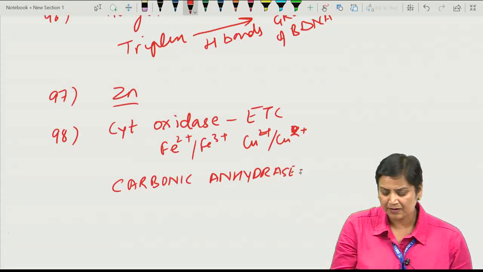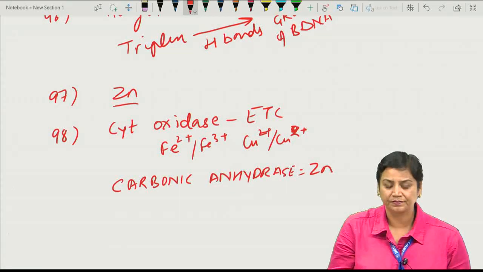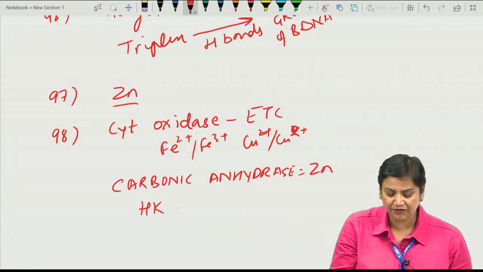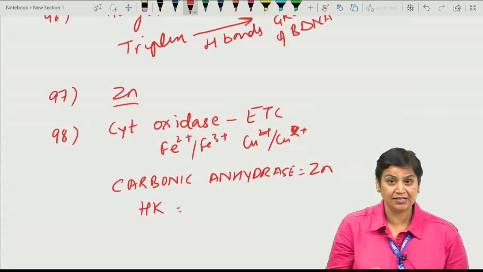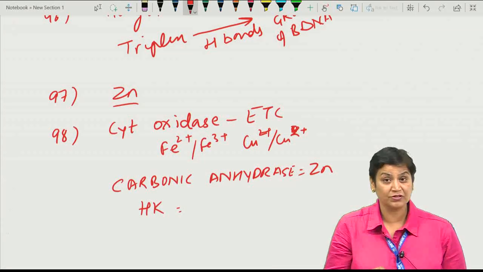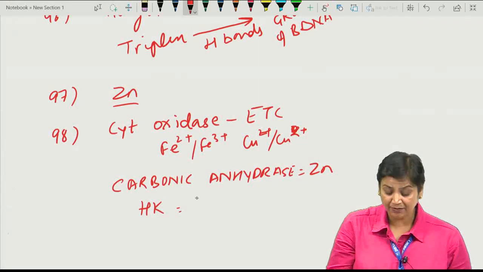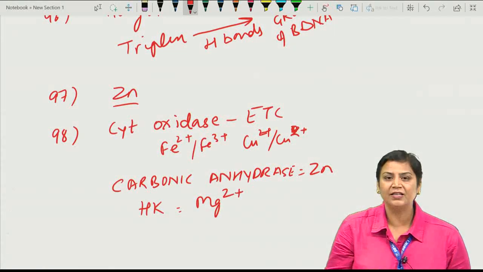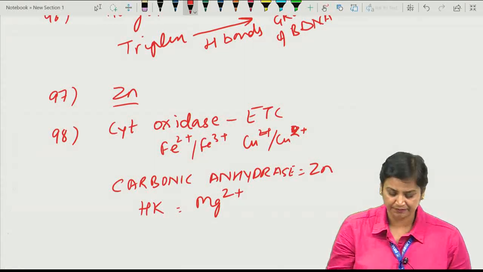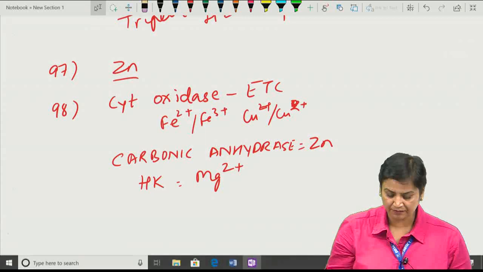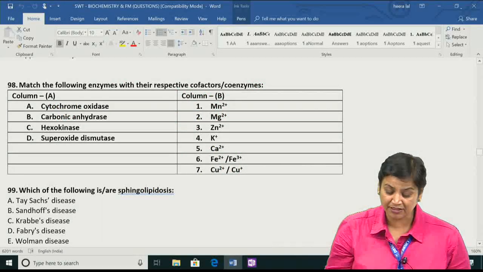Hexokinase: wherever kinase activity is there, meaning attachment of inorganic phosphate, the cofactor is always magnesium, whether it is glucokinase, hexokinase, or phosphokinase. And fourth is superoxide dismutase. Superoxide dismutase also requires copper for its action.